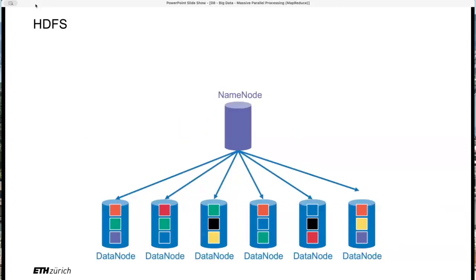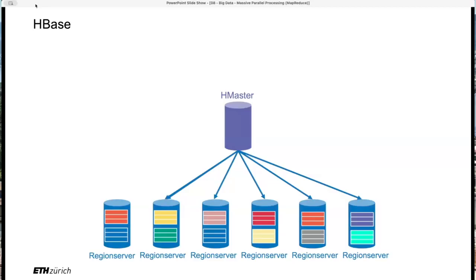Right, very good. So now, the architecture of HDFS, you remember, is centralized. We have a name node process running on a coordinator node, and we have data node processes running on the worker nodes. We saw with HBase that we have exactly the same architecture with the HMaster running on the same machine as the name node, and the region servers running on the same machines as the data nodes.